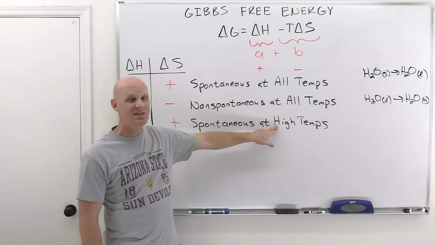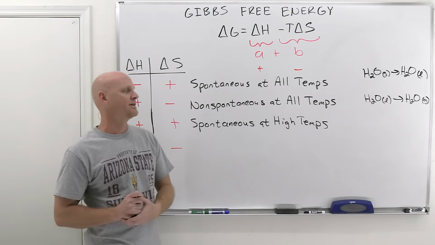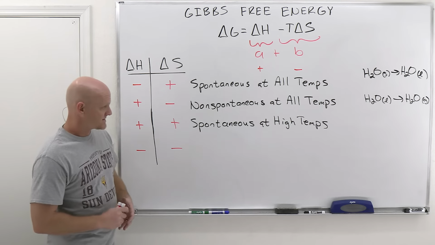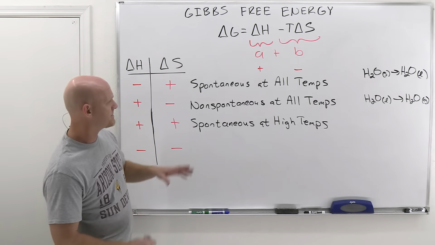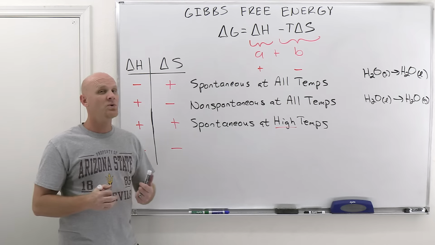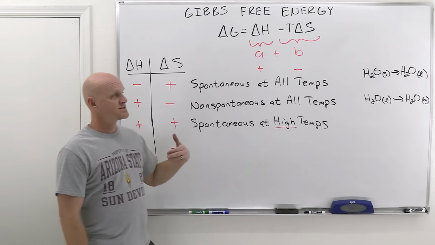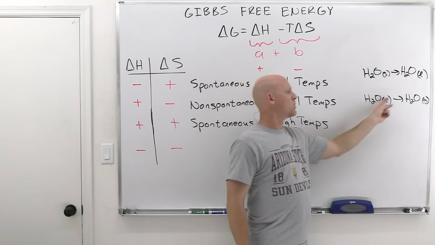So I just want to make sure when you see the word high here, you don't think about what you personally consider hot or cold. All right, if we go one step further, and by the way, one thing to note here, I want to clarify on that high temperature. If you were asked to calculate what temperature that is, well, again, the key is, if we looked at, say, again, the boiling of water.